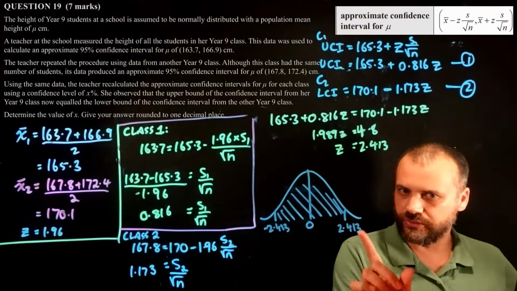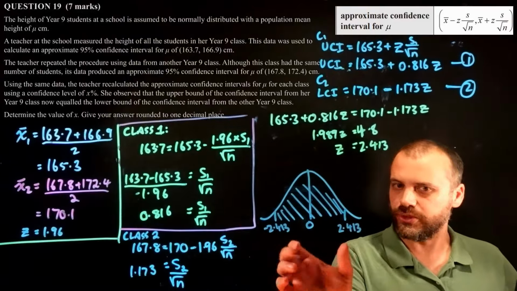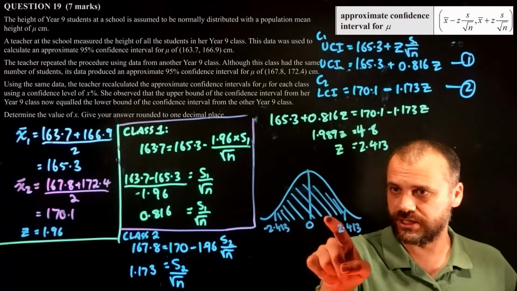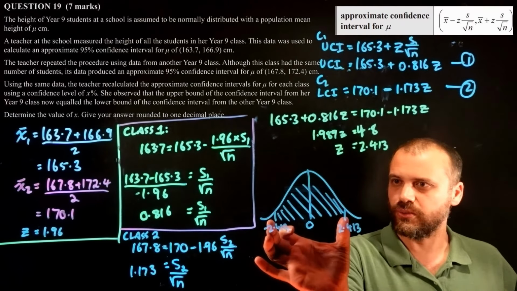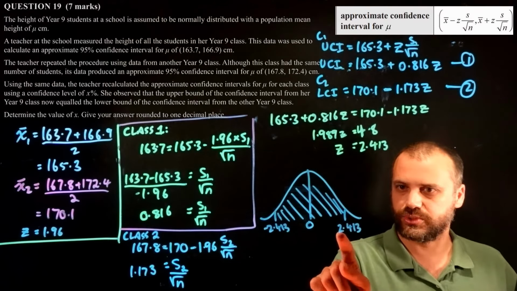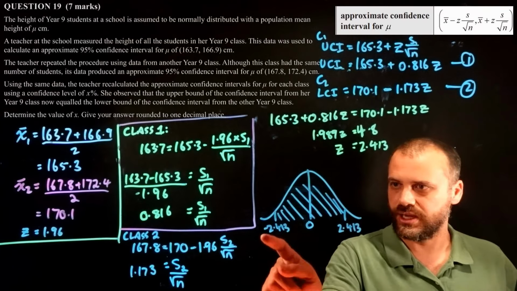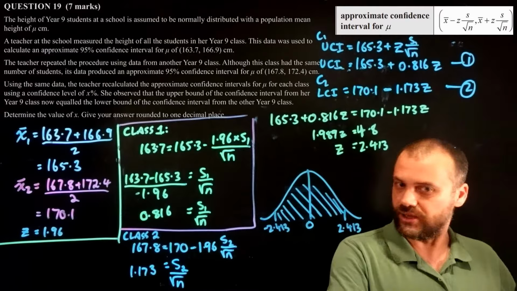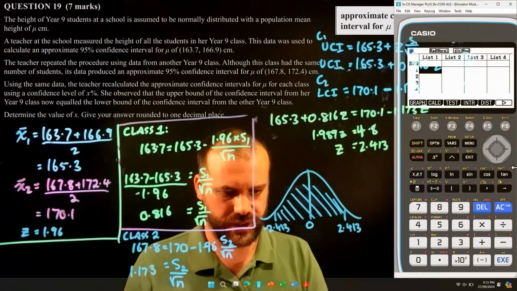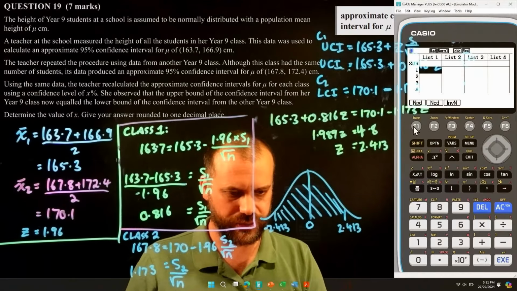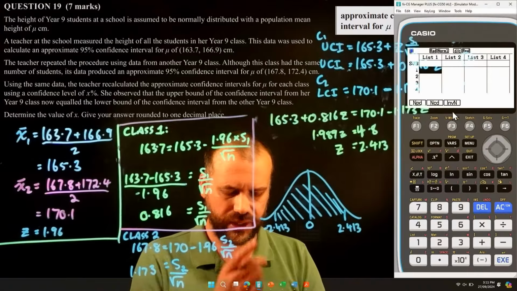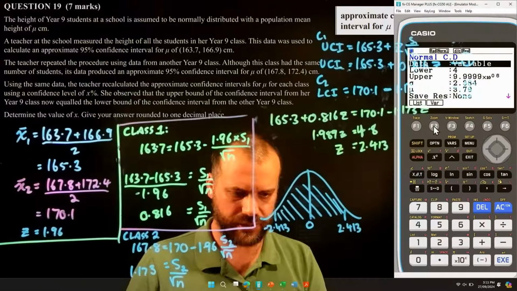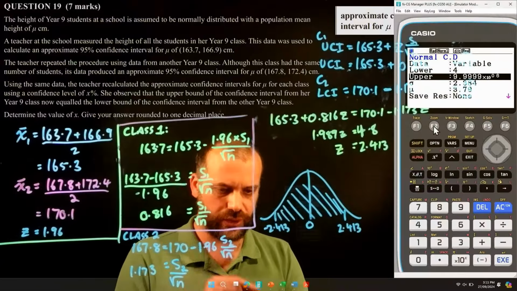And so to do that confidence interval calculation, what you're doing is taking a standard normal distribution, mean of 0, standard deviation of 1, and finding what area exists between positive 2.413 and negative 2.413. All right, calculator. So I'm in stats mode right now. I go into distribution, I go into normal distribution. I'm doing NCD, I believe, and then we go lower and upper.